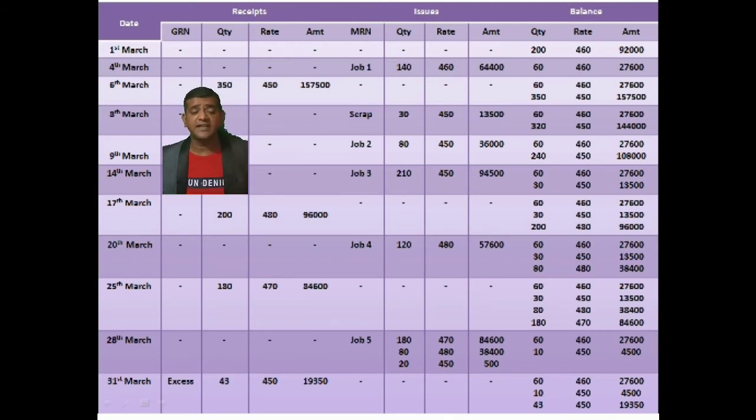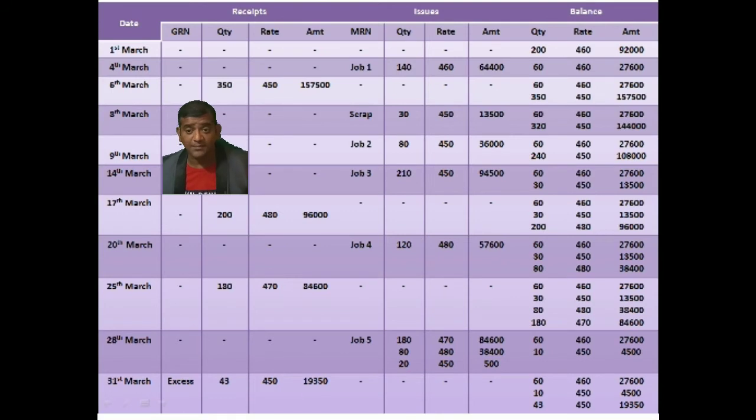So on 17th March again, there is a receipt. So GRN nil. There is a purchase of 200 tons of materials at the rate of 480 rupees. That comes to 96,000 rupees. Under issues MRN nil, quantity nil, rate nil, and amount also nil.